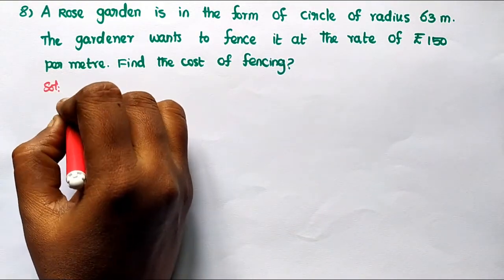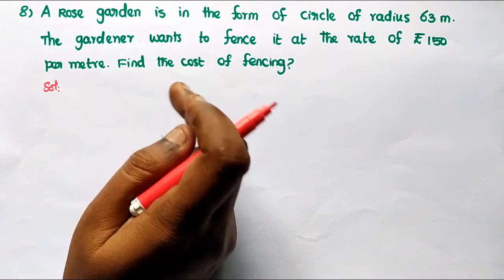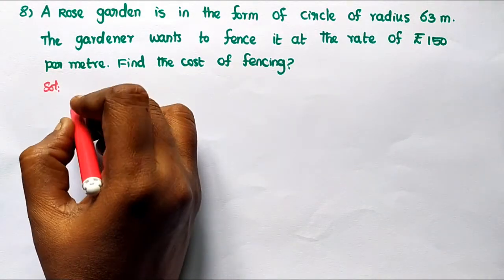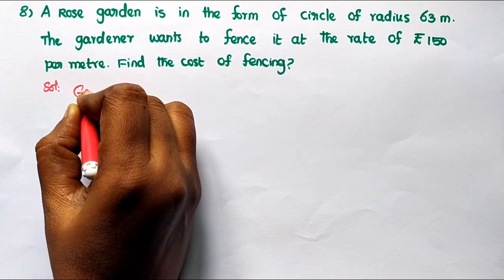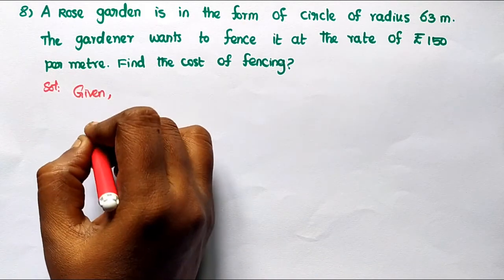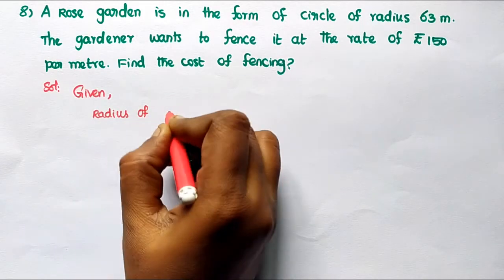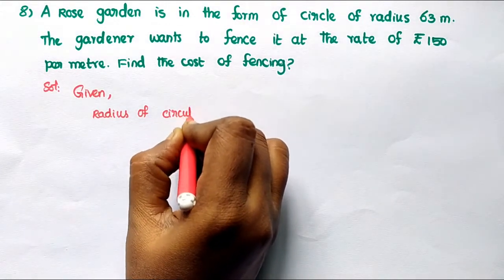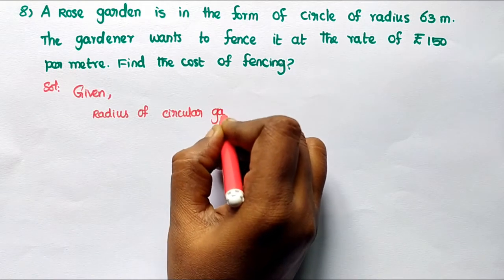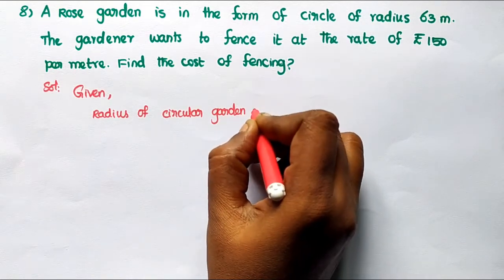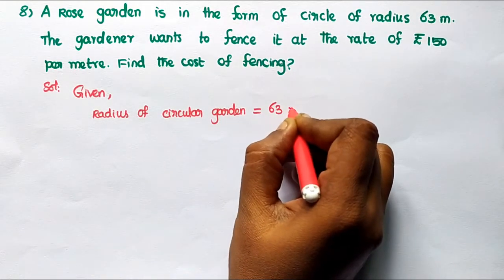So first he wants to find out circumference of the circular garden. Given radius of circular garden equal to 63 meter.